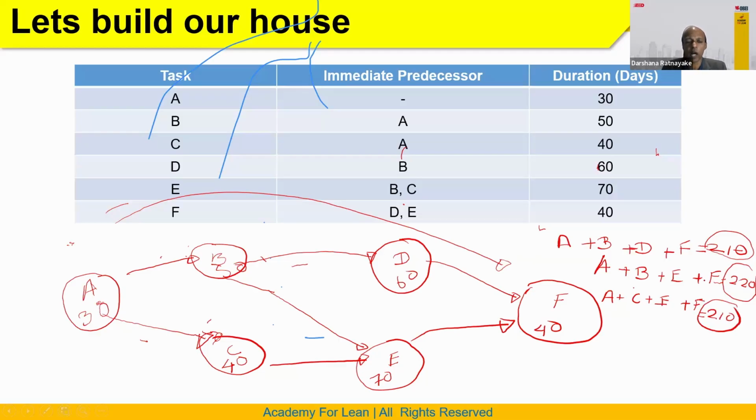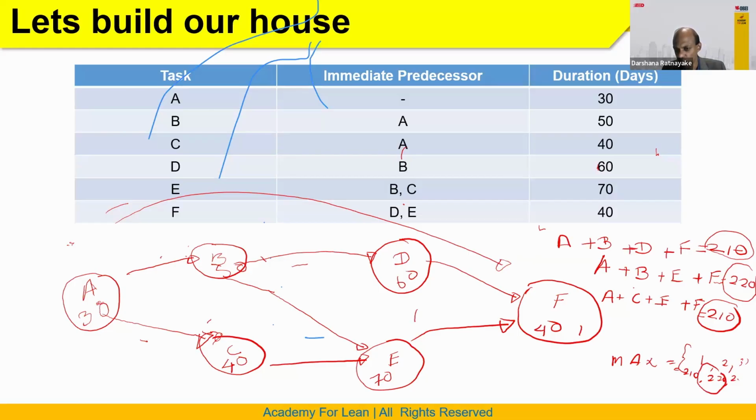To identify which path we need to follow, we take the maximum of the first path, second path and third path. That means the max of 210, 220, 210. The max is 220.